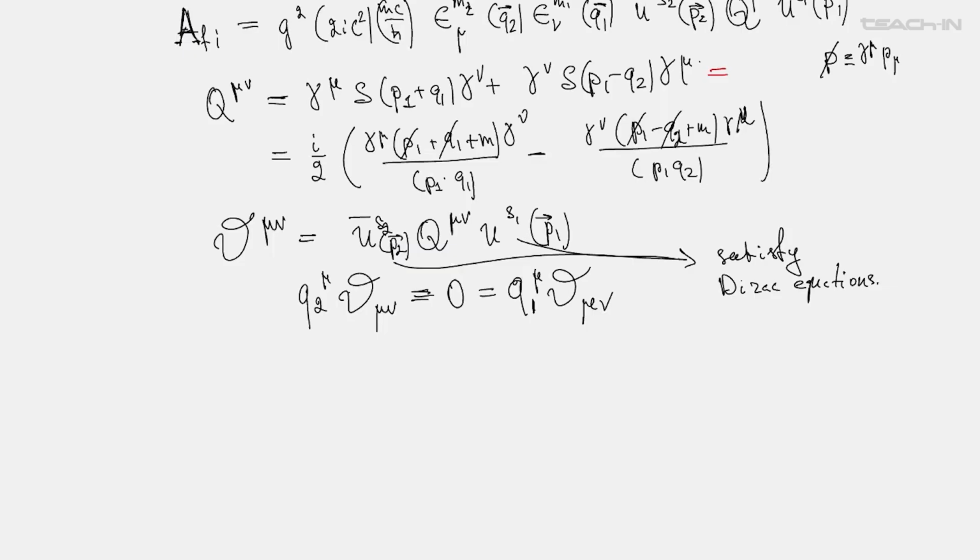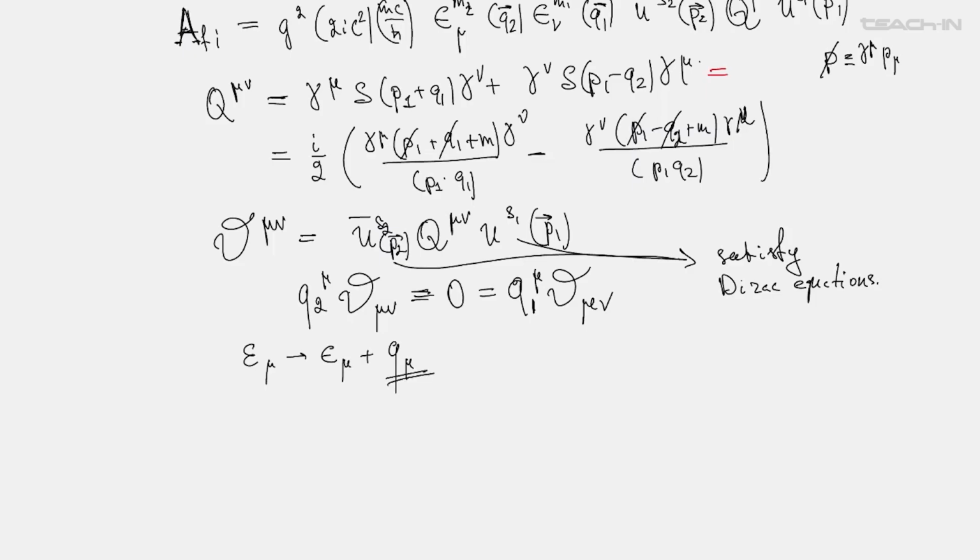It can be considered as a consequence of gauge invariance, which consists in the fact that if I shift polarizations of photons by any amount of momentum, then this does not change the scattering amplitude.